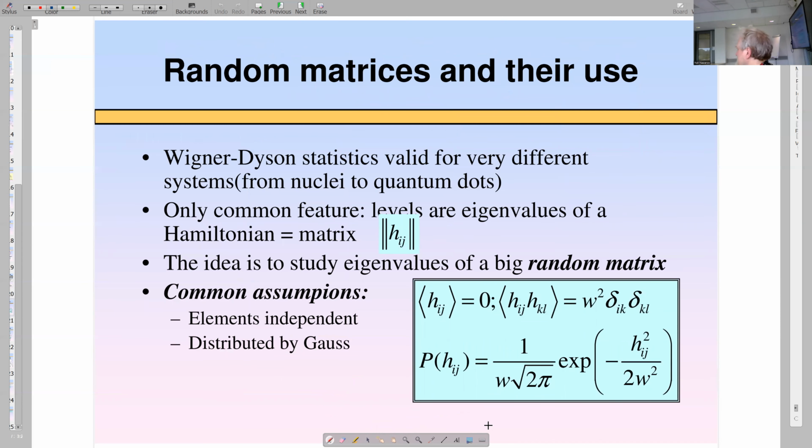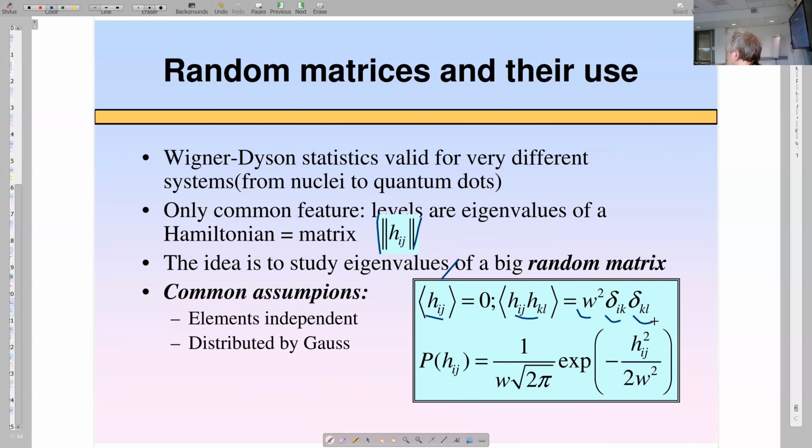Let's see, random matrices. Each quantum system can be described by a Hamiltonian. Each Hamiltonian is a matrix. The simplest matrix to analyze is a random matrix. That's what Wigner and Dyson assumed. So there's a matrix, and the elements of this matrix are zero on average, and their variance is expressed by this delta function.